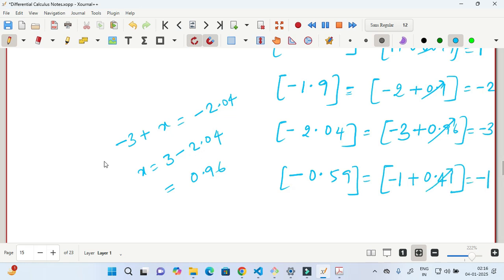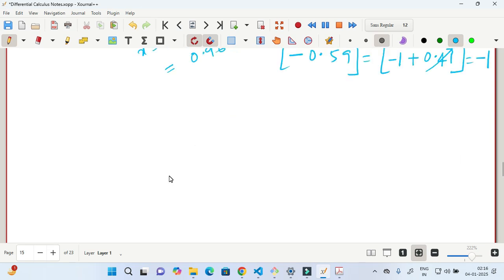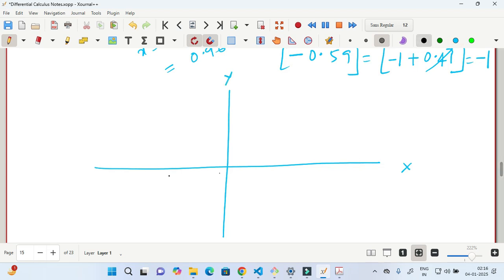So the graph of this function: this is the x-axis and this is the y-axis. The points are 0, 1, 2, 3, 4, and minus 1, minus 2, minus 3, minus 4 on the x-axis, and 1, 2, 3, minus 1, minus 2, minus 3 on the y-axis.